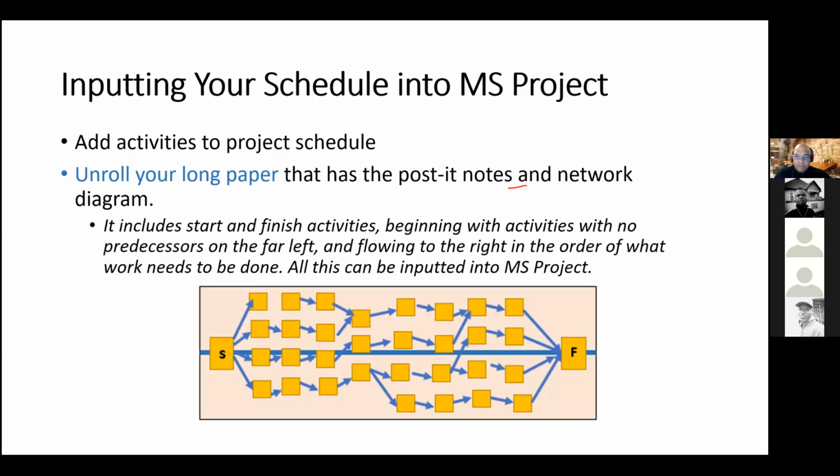So this should show you the order in which your project will move, right? So all these activities need to be inputted into Microsoft Project, and you need to manually do this. It takes some time, but it's better to do it this way now than it cause you problems later on.